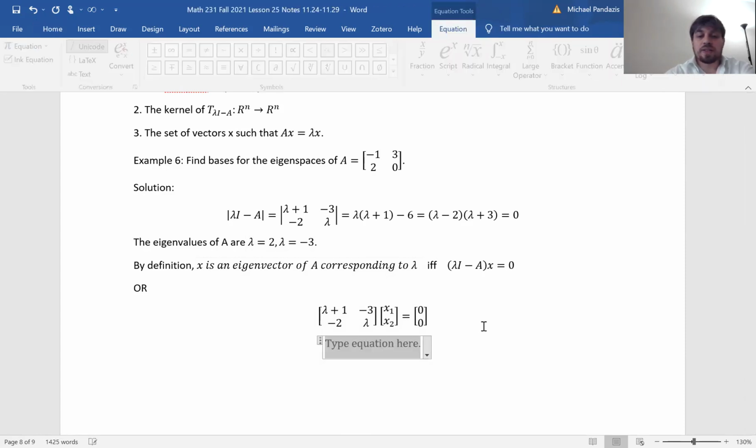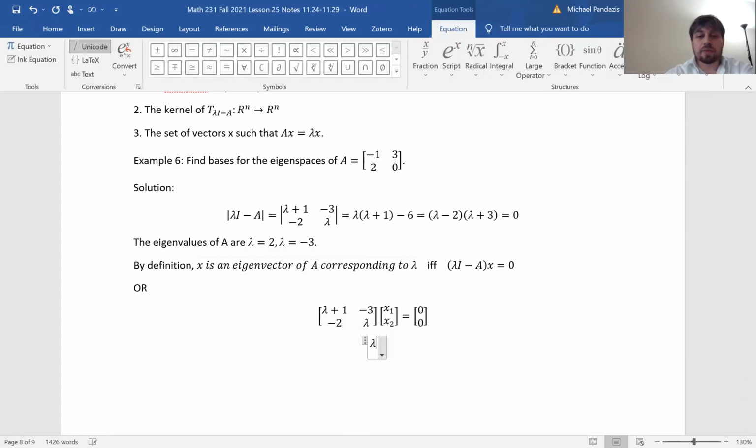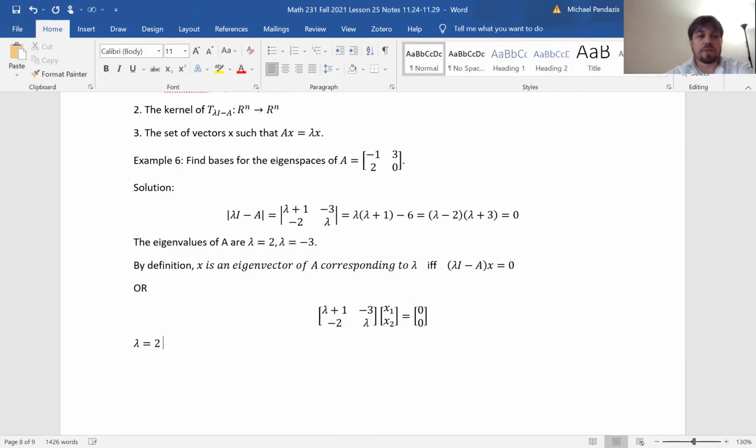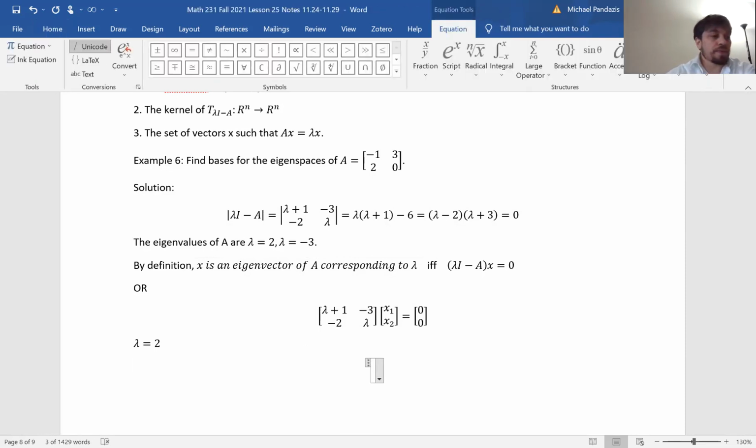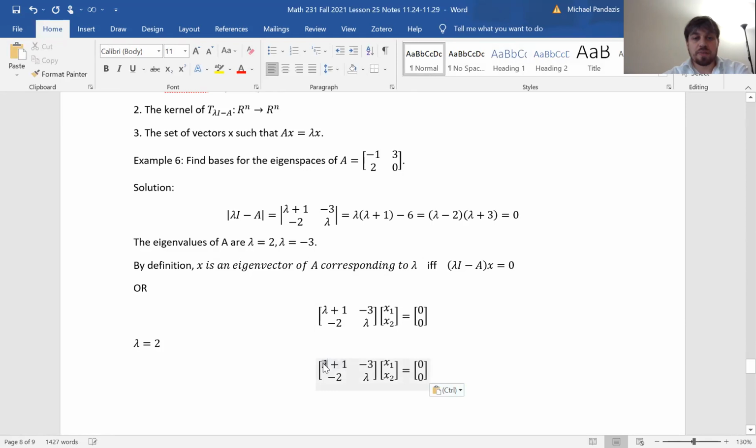So let's first look at lambda equals 2, which is one of the two possible eigenvalues of A. If lambda is equal to 2, you're plugging in 2, and so now you have that equation.